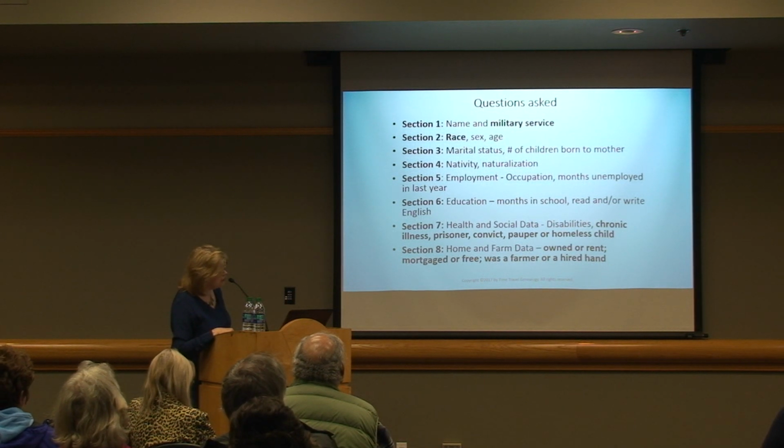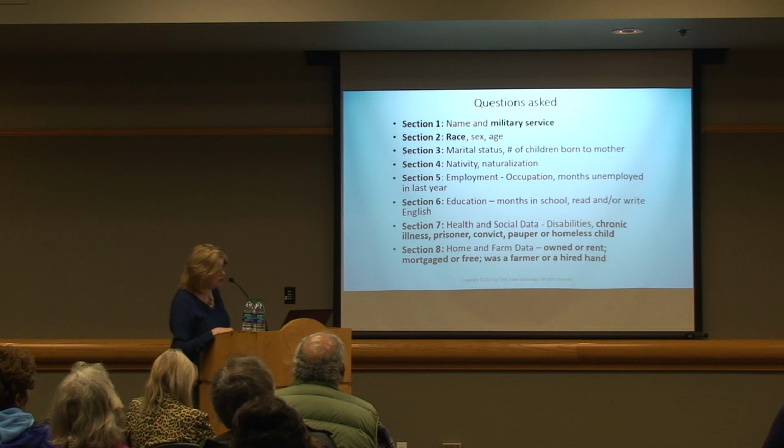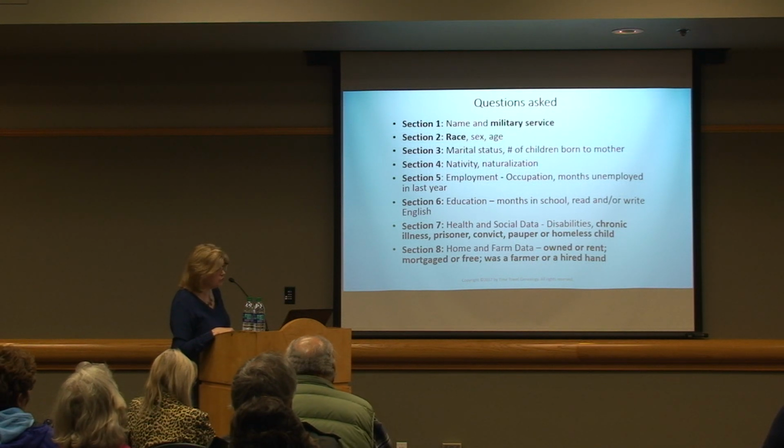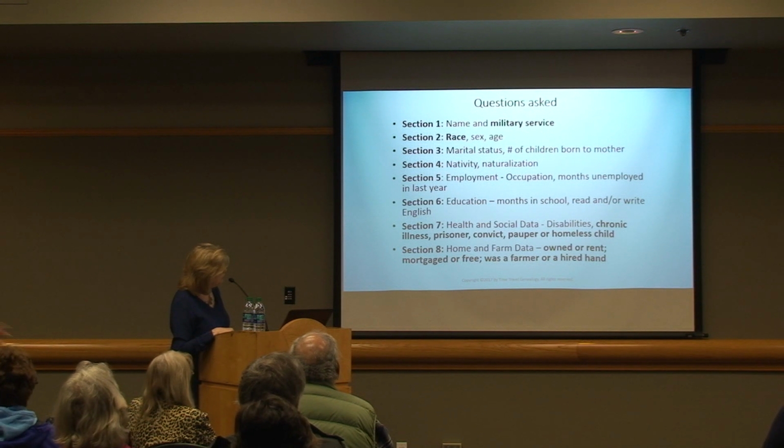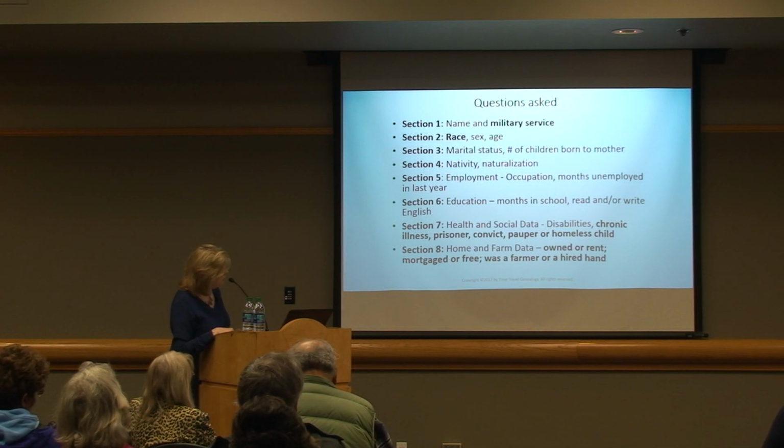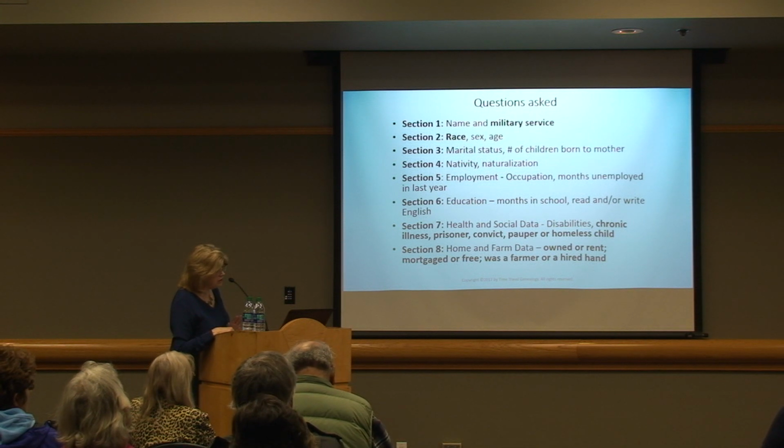It asked questions regarding disabilities, if you had any chronic illnesses, if you were a prisoner, convict, pauper, or homeless child. And Section 8 dealt with farm and home, whether you owned or rented, whether you owned your home free and clear or was it mortgaged, and if you were a farmer, did you farm your own land or were you hired help?